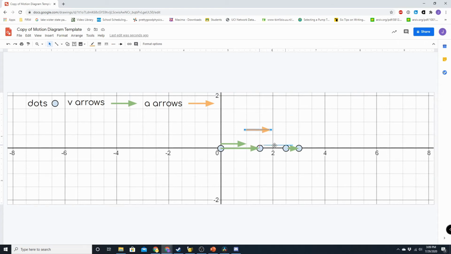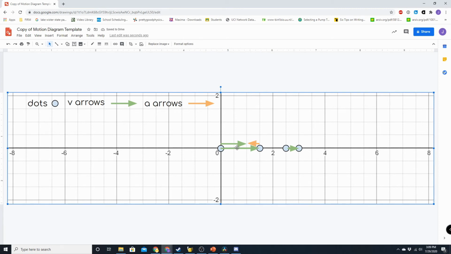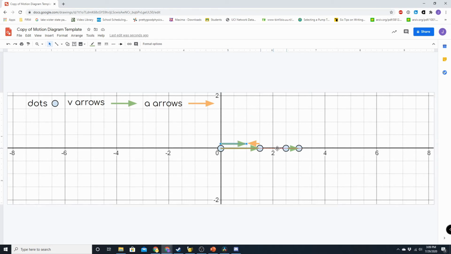What do I have to add to it? Well, our acceleration vector has to point that way to add to our initial velocity vector to end up at our final velocity vector. So we have to have an acceleration pointing to the left.